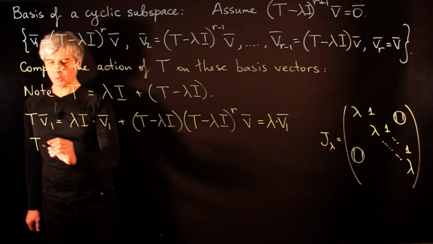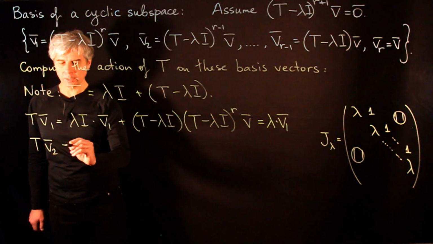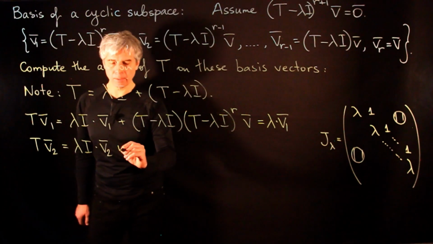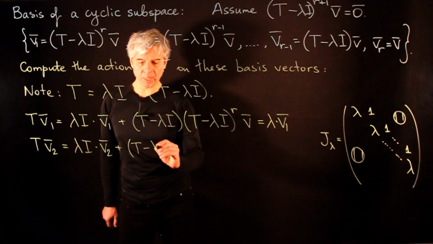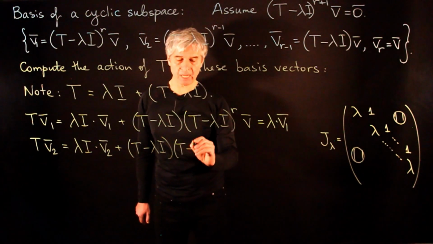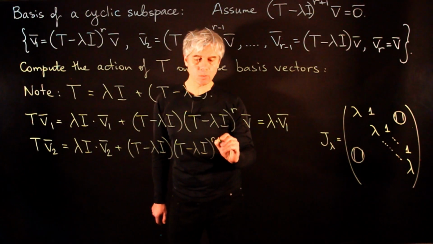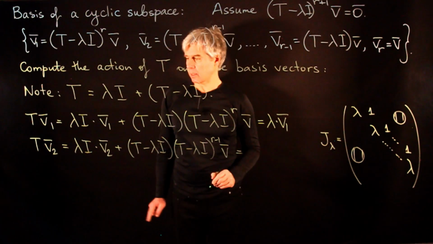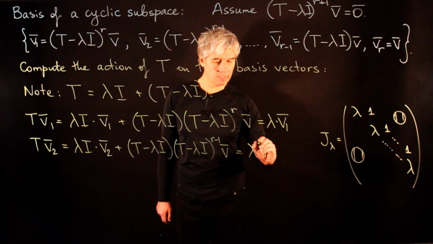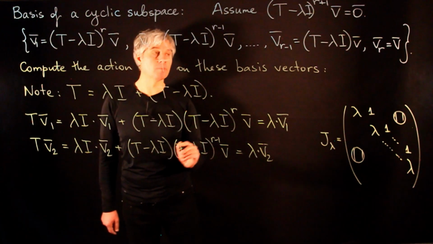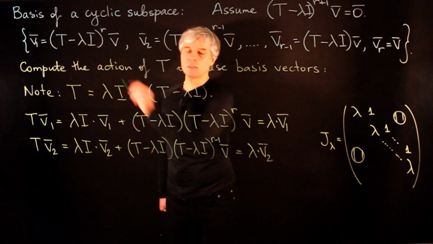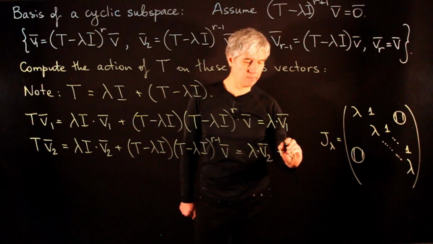Now let us compute what is T acting on v2. So this will be lambda I acting on v2 plus (T minus lambda I) acting on v2, which is (T minus lambda I) to the power r minus 1 acting on v. And then the first term is equal to lambda times v2, and the second term is (T minus lambda I) to the power r acting on v. But that's the vector v1, so we get plus v1.